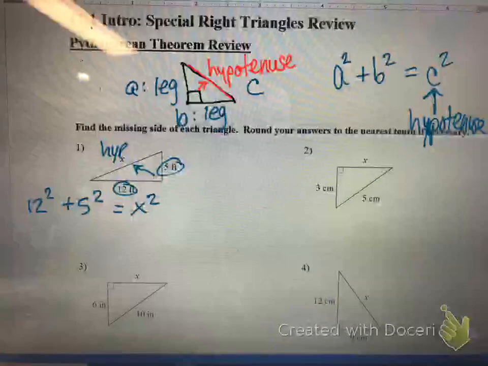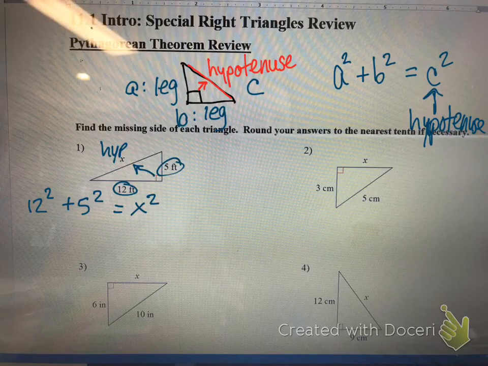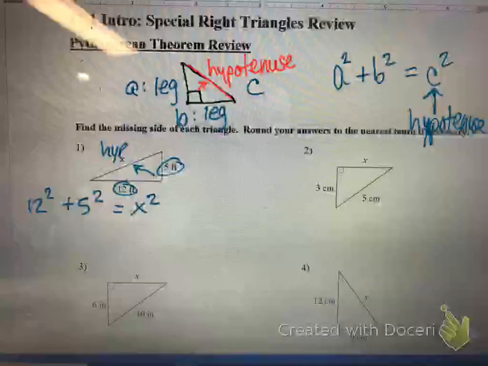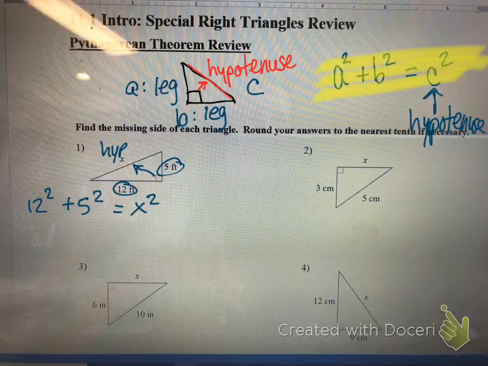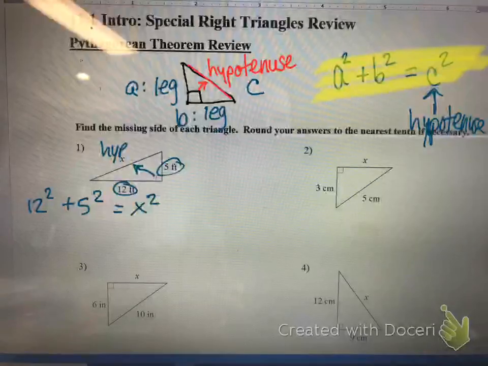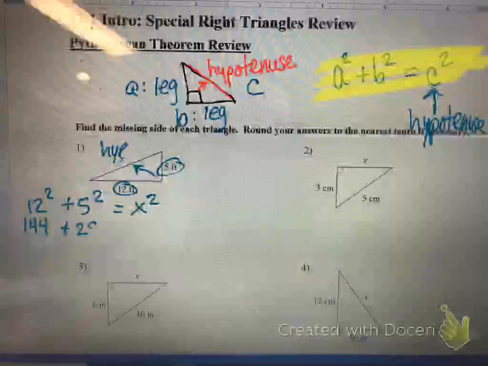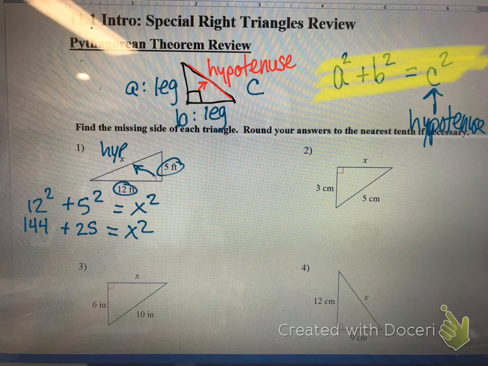Whenever you are solving for a missing side using the Pythagorean theorem, you plug the numbers you have into the formula. 12 squared is 144 plus 25 equals x squared. 144 plus 25 is 169.